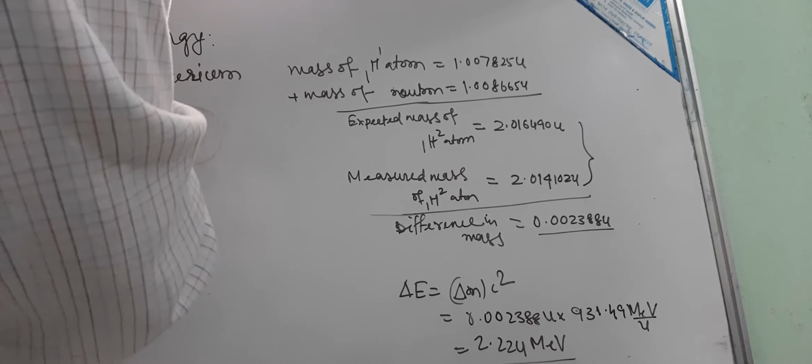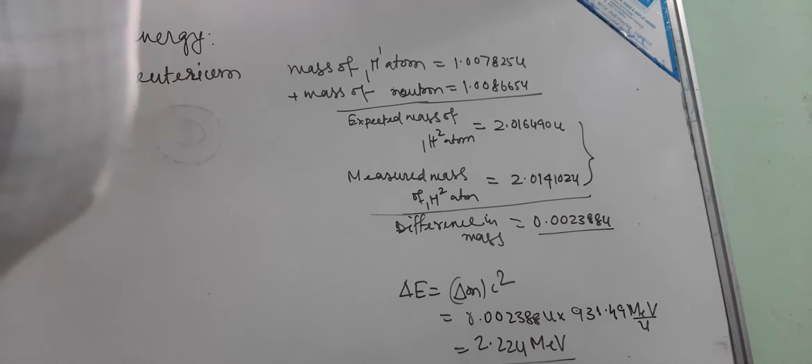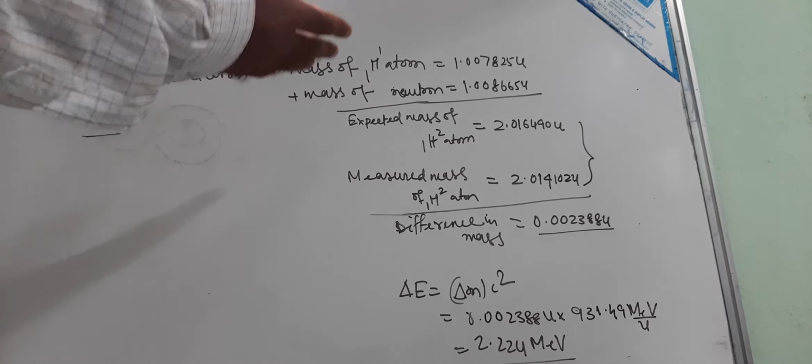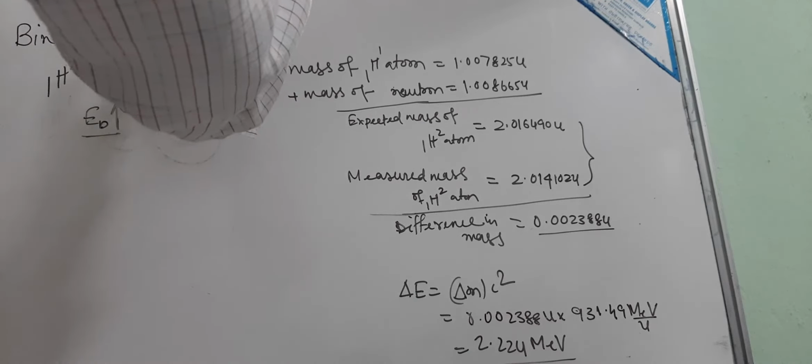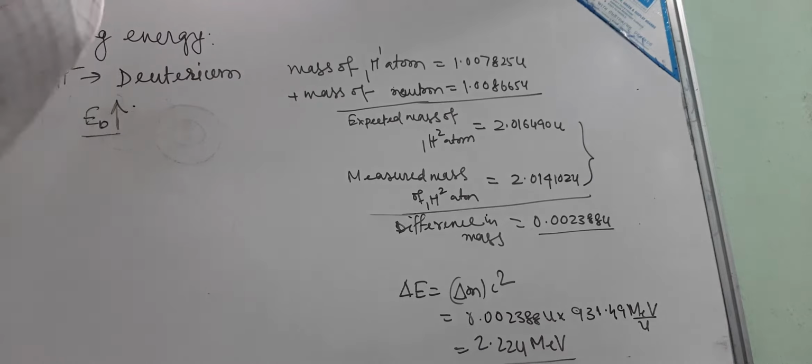So that is the relation between the binding energy and the nucleus: if the binding energy is more, then more energy is required to break up the nucleus.